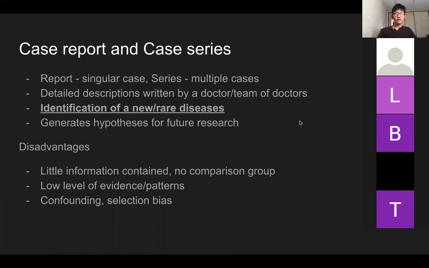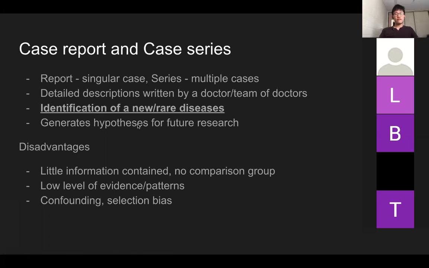So you're starting off with your case reports and your case series. These are singular cases or multiple case reports. They're normally detailed descriptions written by a doctor or team of doctors. They're really good at identifying a new rare disease. It's a new thing, so you would have to write about it, and you're just coming up with an initial report.